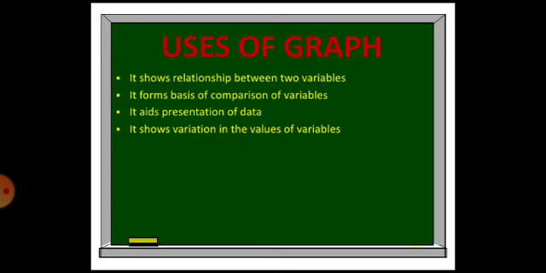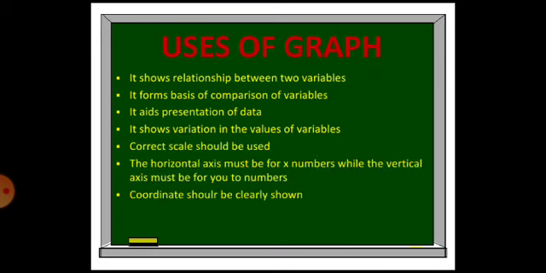It aids presentation of data because when we have enormous data, through a graph you can easily look at what transpired between two variables x and y, what transpired between price and quantity demanded in the market. A graph shows how the value of one variable changes given changes in the value of other variables. That is to tell us that graphs are important in economic analysis.